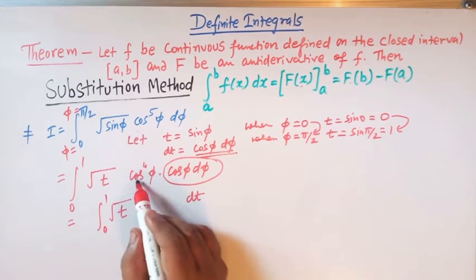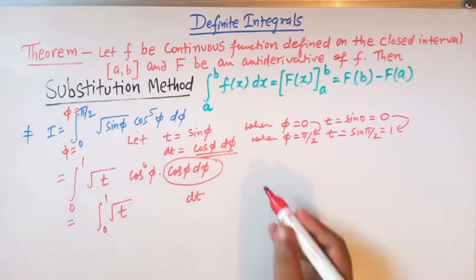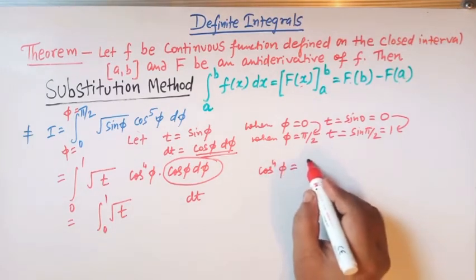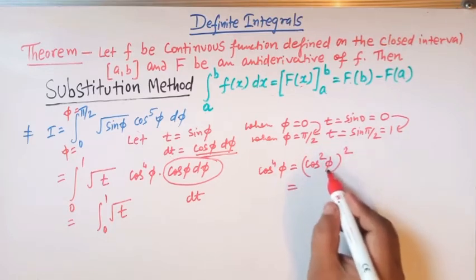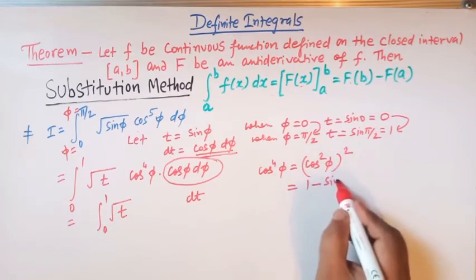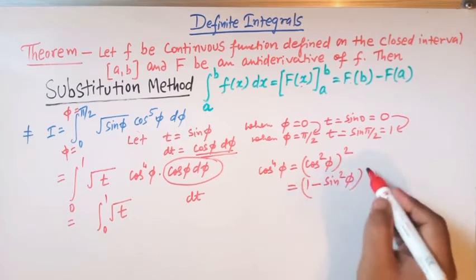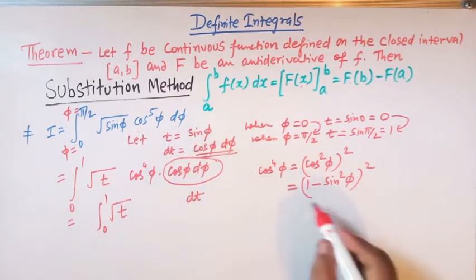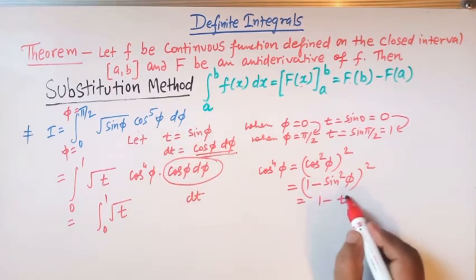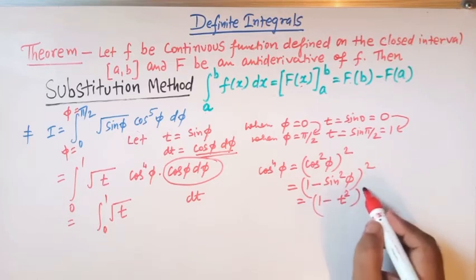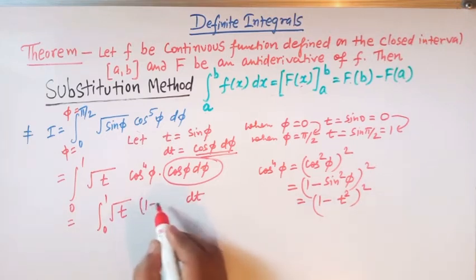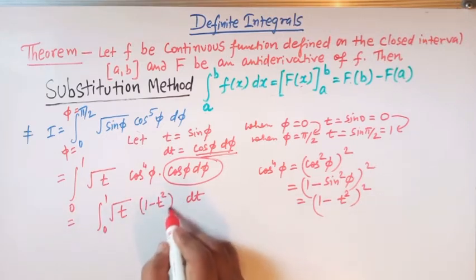Now cos 4 phi can be written as cos square phi whole square, and cos square phi is 1 minus sine square phi, and for sine phi we can write t. So here we'll have 1 minus t square whole square.